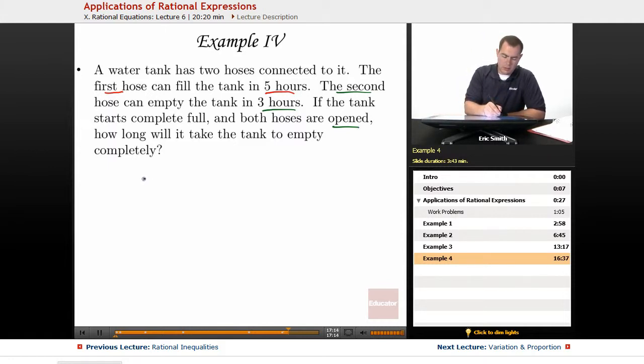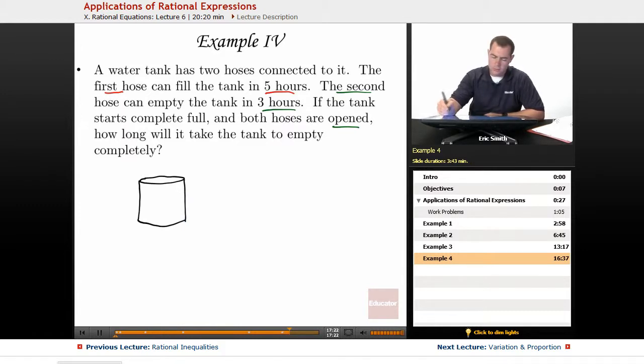So let's get a kind of crude picture of what we're dealing with here. This would be our water tank, and we have one hose that is going in and one hose that is going out. Now, the hose that is going in can fill the tank in 5 hours.